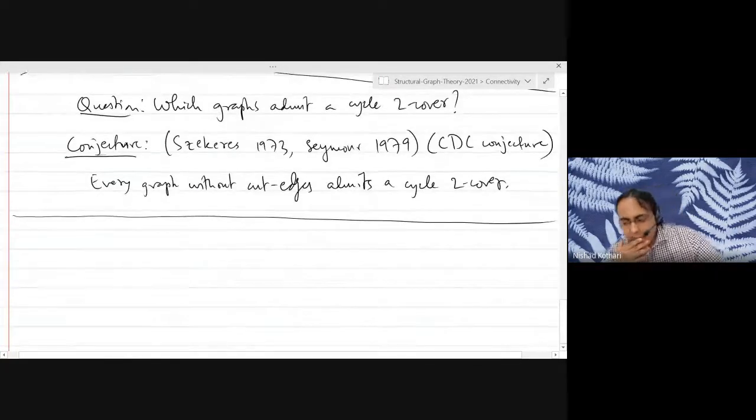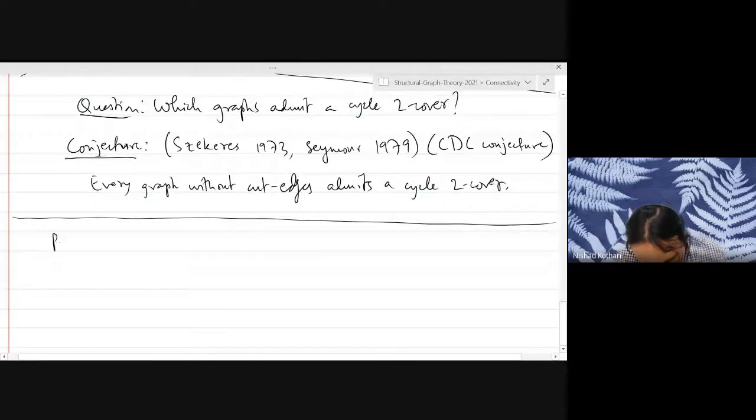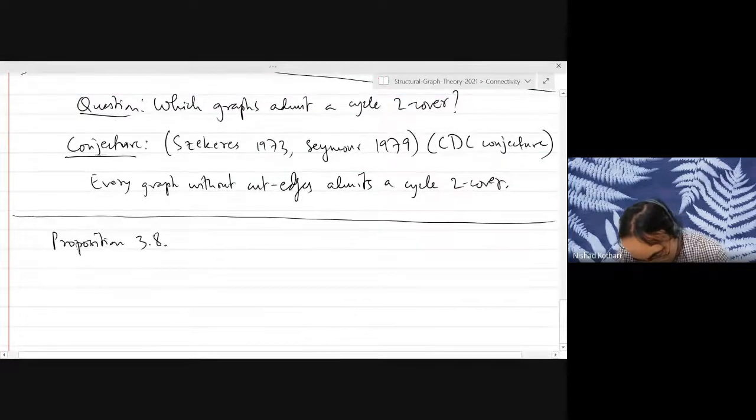Okay, and you might ask, why are we asking for a 2 cover and why not an at most 2 cover? So it turns out that is an easy exercise. I'm going to leave this to you as a do it yourself, because it's actually quite easy.